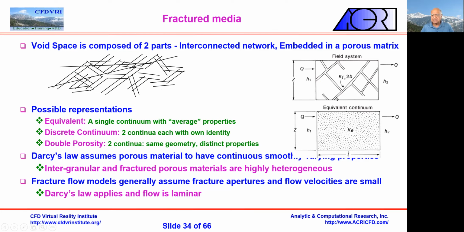Like in fractures, sometimes the water can move very fast. So now a little bit of turbulence sets in, and we have to account for that. So flow is no longer laminar. So that also happens, and we have to bring in new terms in this, or we have to go to Navier-Stokes equations and put in special terms to account for the media.